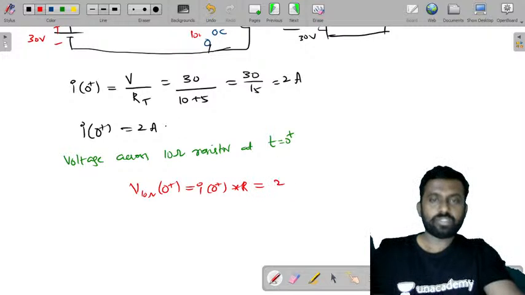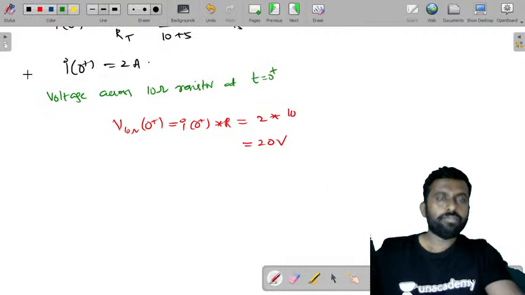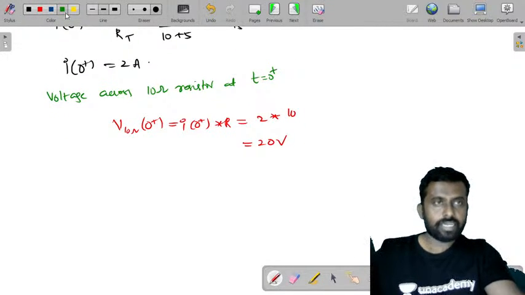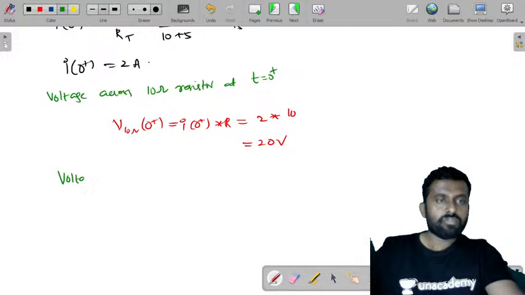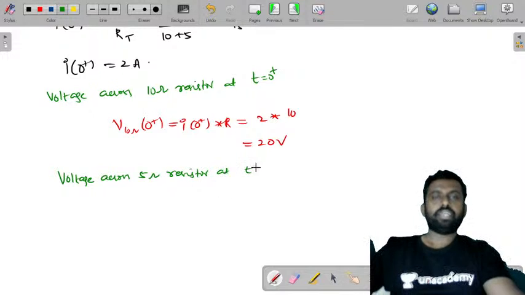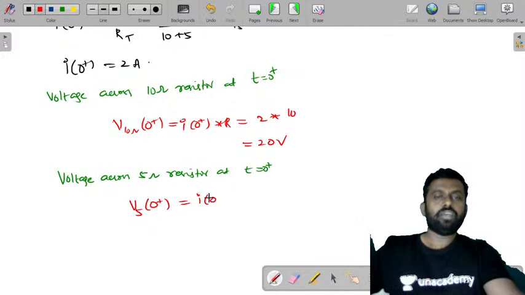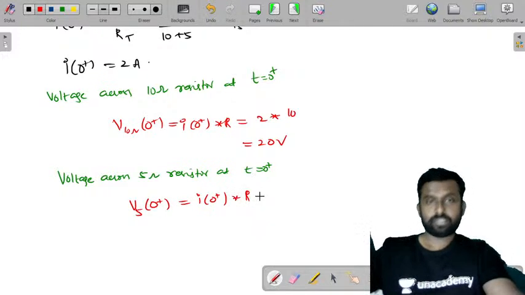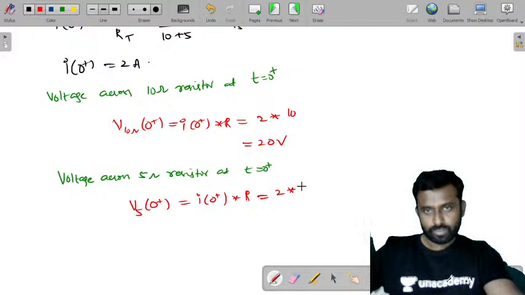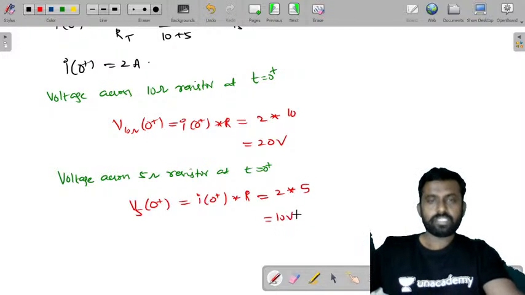I of 0 plus is 2, into resistance 10, it is 20 volts. Similarly, the voltage across the 5 ohm resistor at t equal to 0 plus. Let's take it as V5 at 0 plus is equal to I of 0 plus into resistance, 2 into 5. So this is 10 volts.